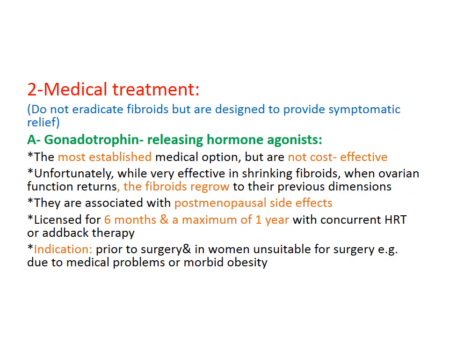What about the medical treatment of fibroids? These are specially designed for establishing symptomatic relief and not to eradicate the fibroids. The famous example of a medical treatment, or the commonly prescribed medication, is the gonadotropin releasing hormone agonist.